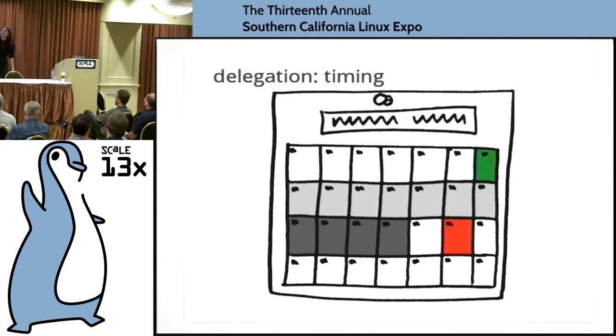And then the green is the first day when you could be working on this task, like when the call for proposals gets announced, when you book the venue, any of those things. The trick is, when you delegate to someone, set their deadline at the end of that window in which you could do it in a leisurely manner, and before the start of that window when you could do it yourself.